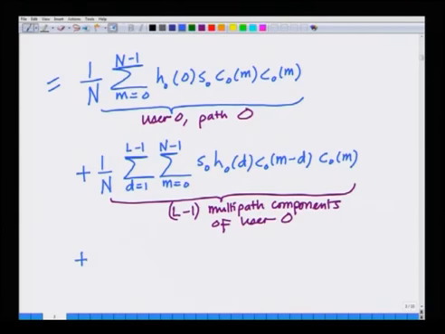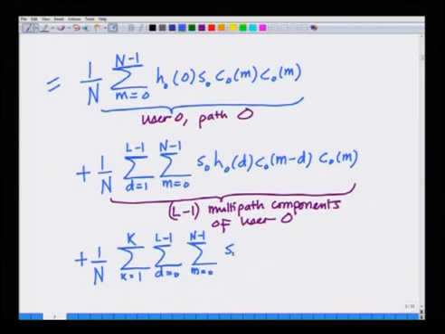plus, now I will write the KL components of the interfering users, that will be summation 1 over n. Now, I will sum over the number of users, k equals 1 to capital K, summation d equals 0 to L minus 1, summation m equals 0 to n minus 1, sk h 0 d ck of m minus d c 0 of m.